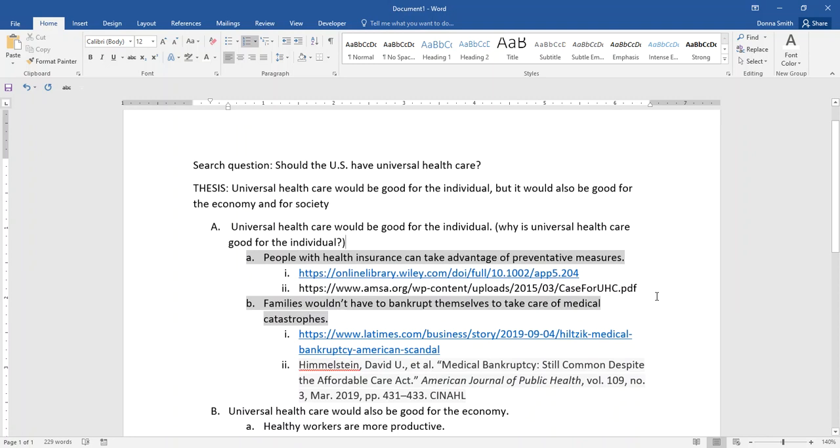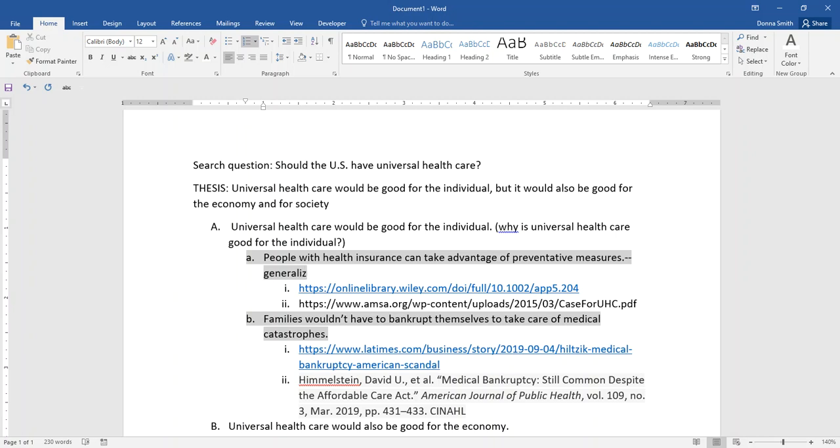Okay, and still on the same point, underneath each one of your, and we're going to call them, as I just said, generalizations, you are going to put the source that you'll use in order to support generalization number 1.